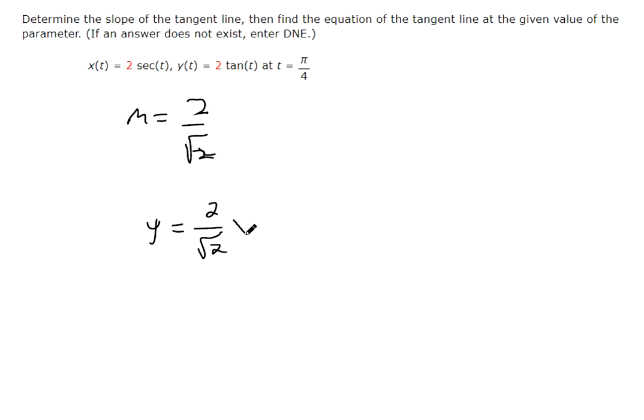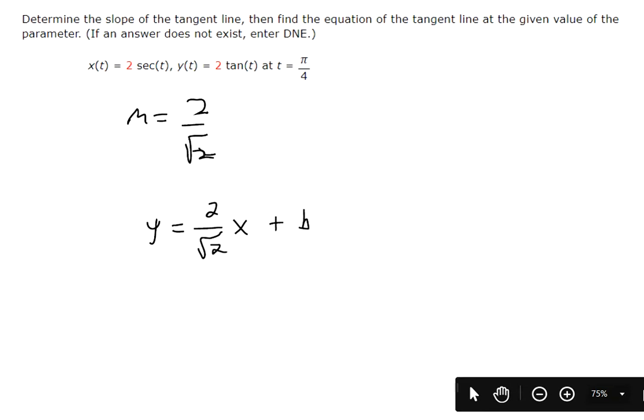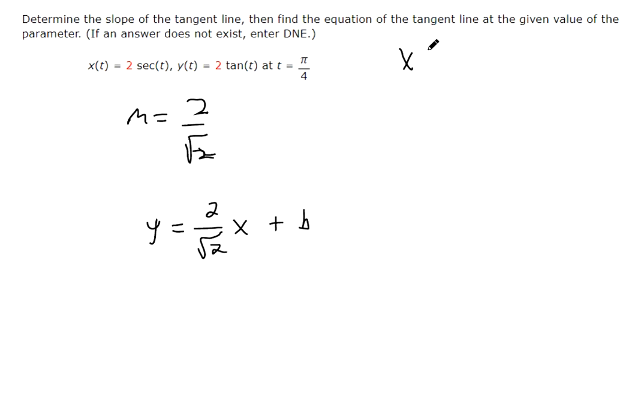Because the tangent line is a straight line. We just need to know what the y-intercept is. So to find that y-intercept, we need an x and a y value. You can get those really quickly because it's at pi over 4. So you could plug that in for t in the x and y equations.